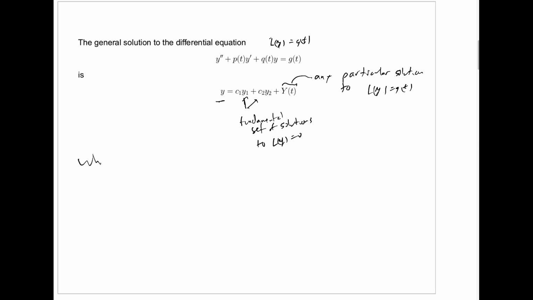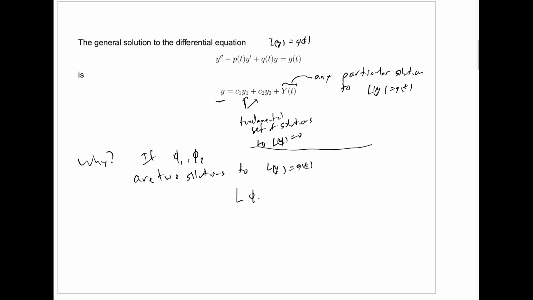Why does this work? Well, if I have two solutions, and let me give them names, I'll call them phi1 and phi2. If these are two solutions to the non-homogeneous equation, L of y equals g of t, what can we say about their difference?